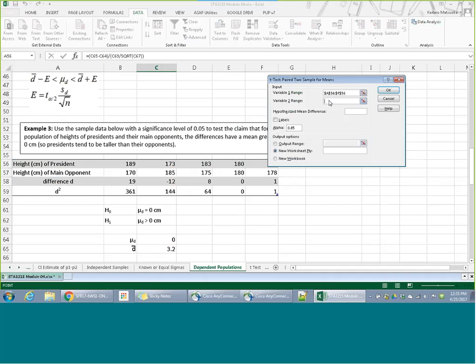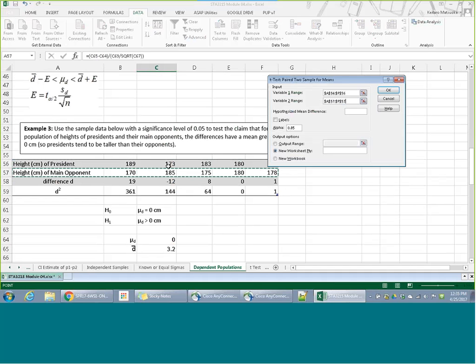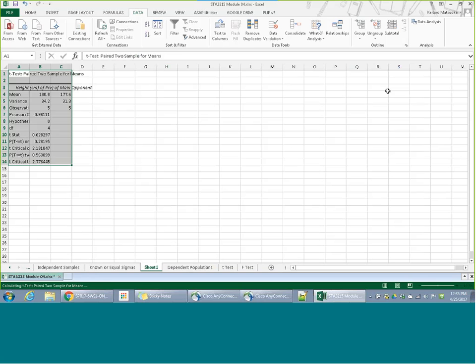What's your variable 2 range? This. And notice that I included the label here, so I'm going to click on here. Should be 0. I'm going to create a new worksheet. Okay, and this pops up.